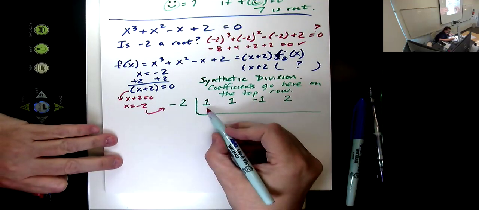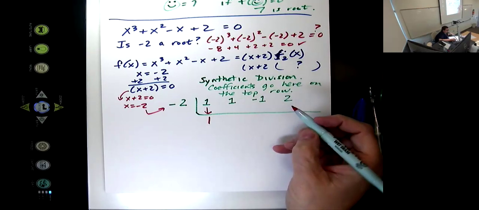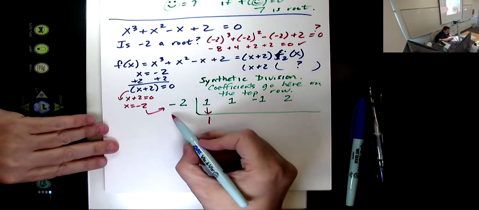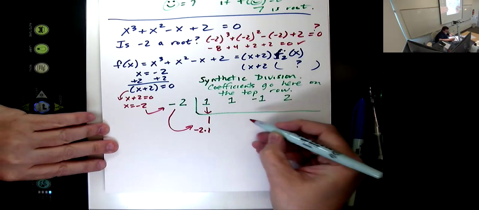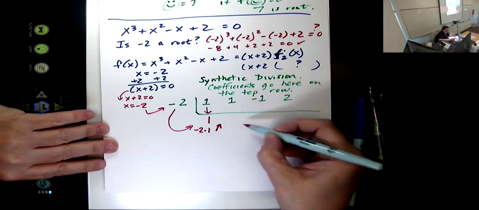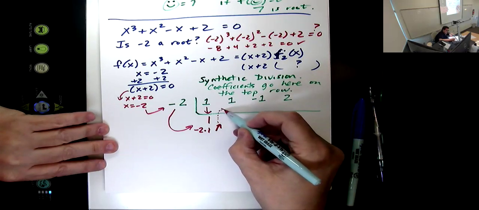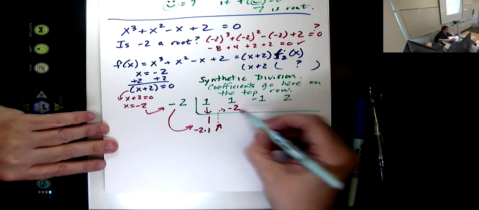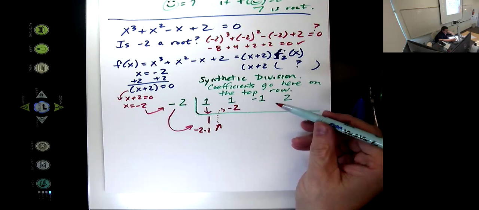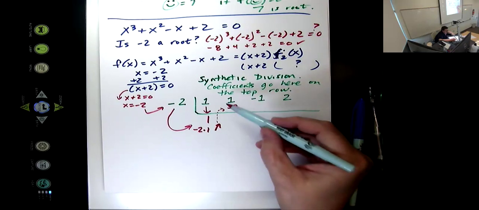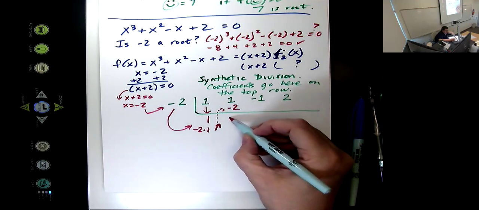On the first number, you always bring the first number down. Then we take this -2, multiply it by that number right there, and add it up here. -2 times 1 is -2. Then I add these two: 1 plus -2 is -1.